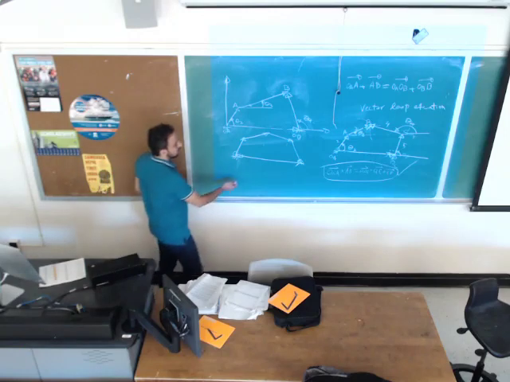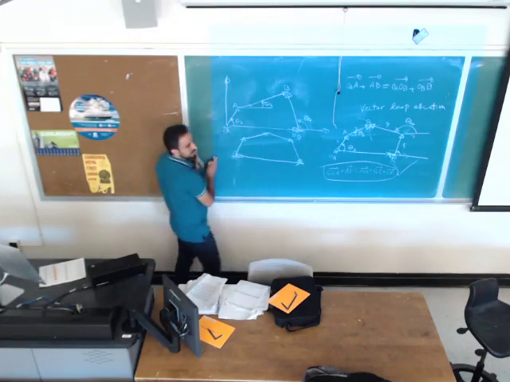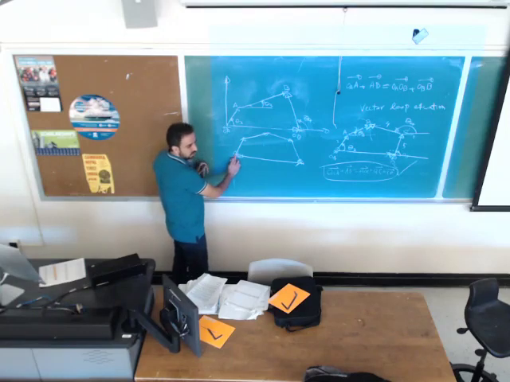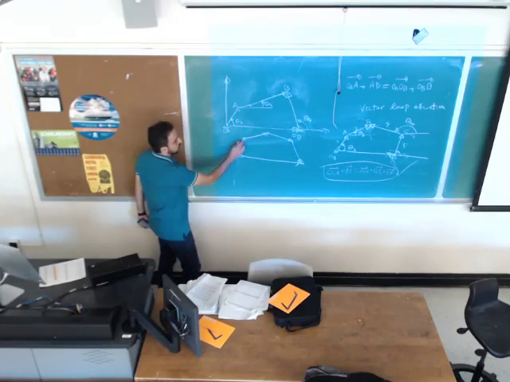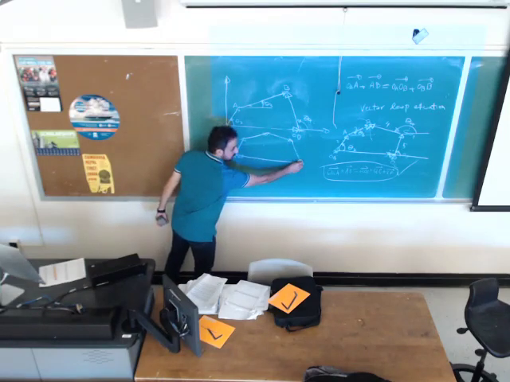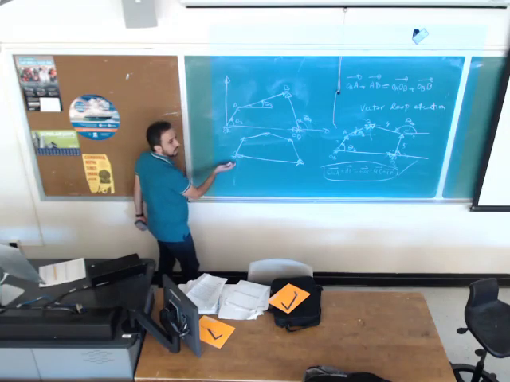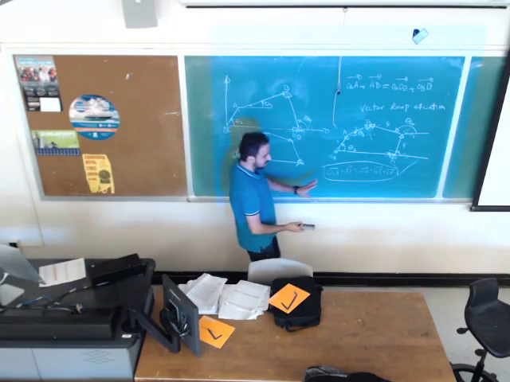You can do that, right? You can, but you have everything on the one side. You start from 0, this point, go all the way back to this point. So this vector plus this vector plus this vector plus this vector plus this vector equals 0. Make sense?